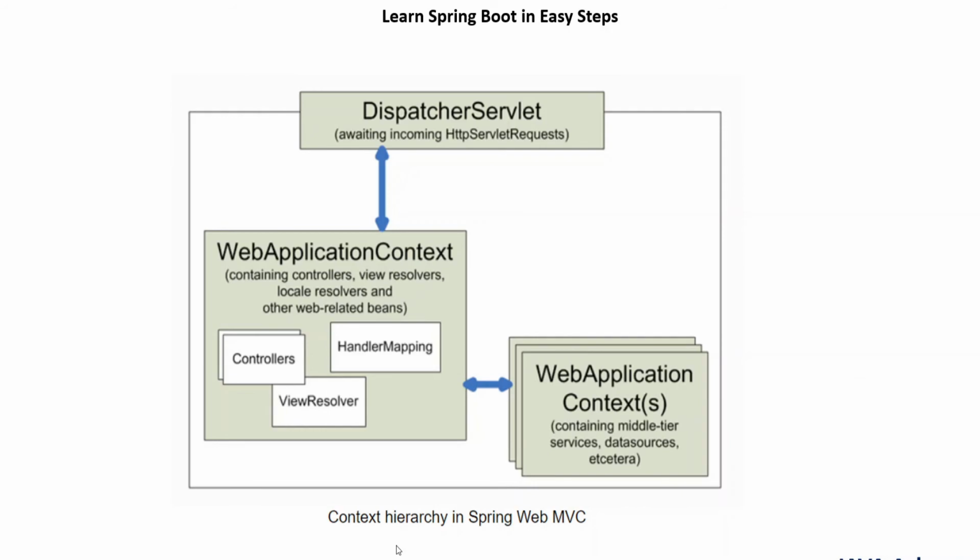And how the view resolver comes into the picture. So this is the very basic, high-level concept of the dispatcher servlet, and how Spring Boot includes the features of auto configuration with the dispatcher servlet.